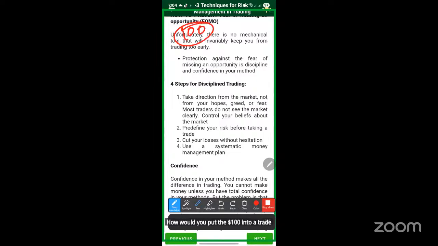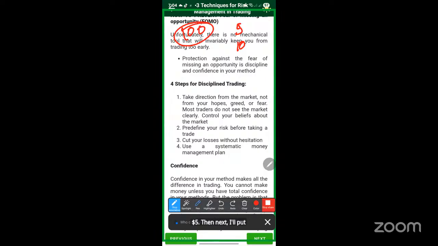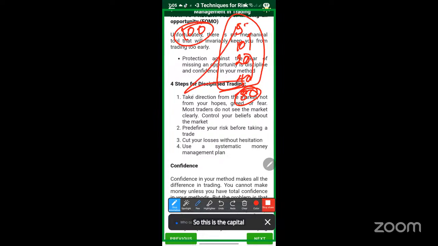We said you can decide to begin with $5, then next put in 10, next 20, next 40, next 80. You understand? Here you find that you are running with only 15 left. So this is capital management and capital deployment.